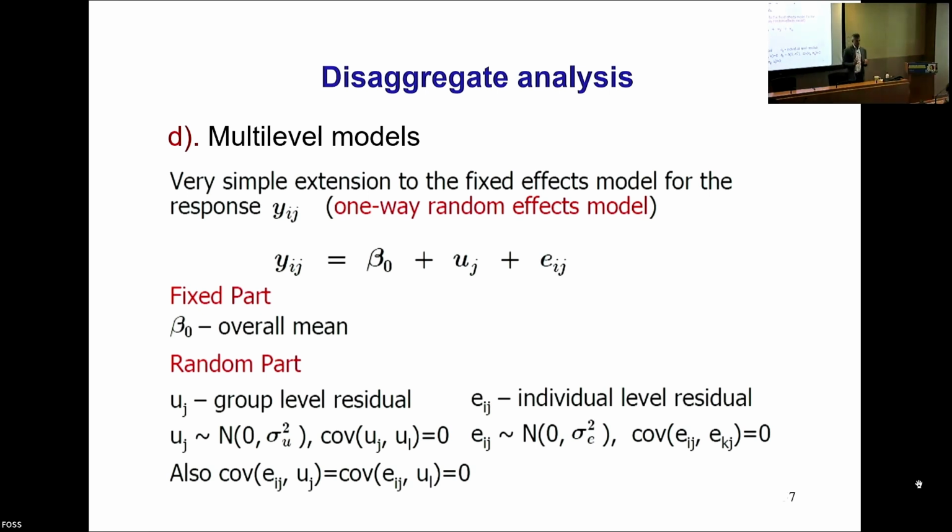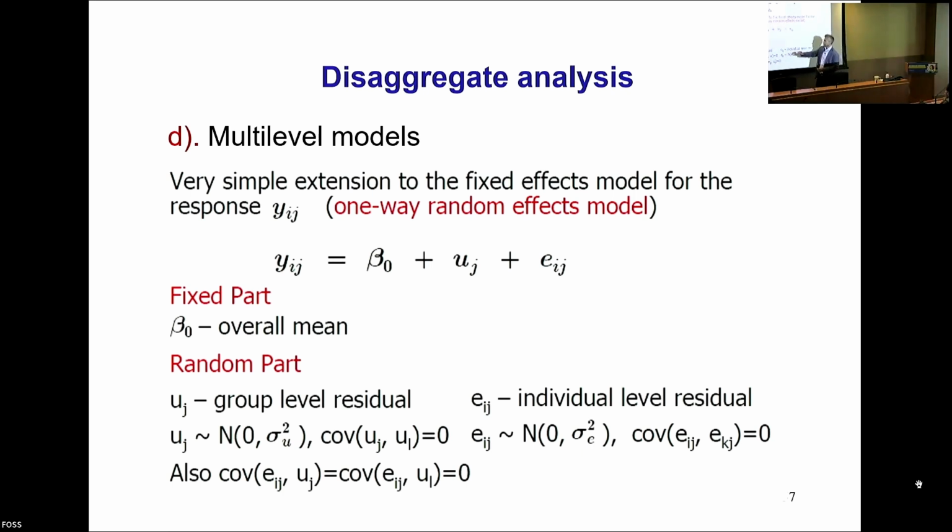Looks simple, but it comes with a whole bunch of assumptions. Remember, each linear regression model has a whole bunch of assumptions. Multi-level models have even more assumptions. So the u_j refers to the group level residual, group level variance. The e_ij refers to the individual level residuals or individual level variance.